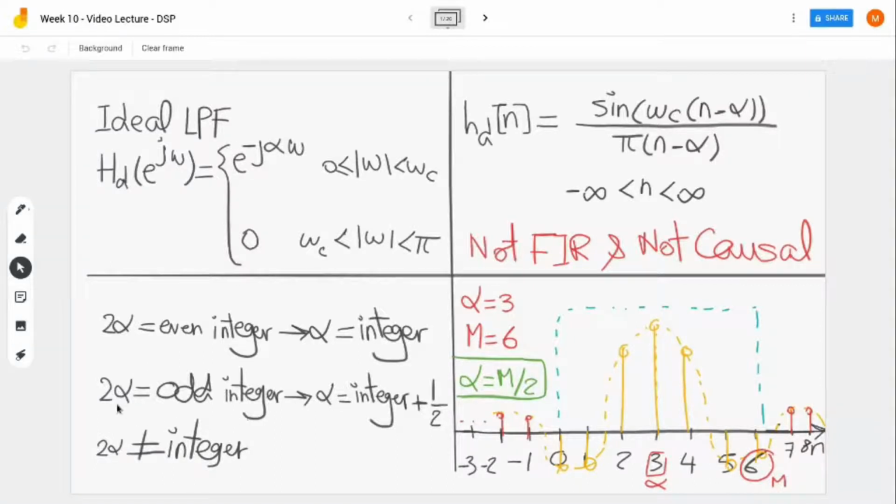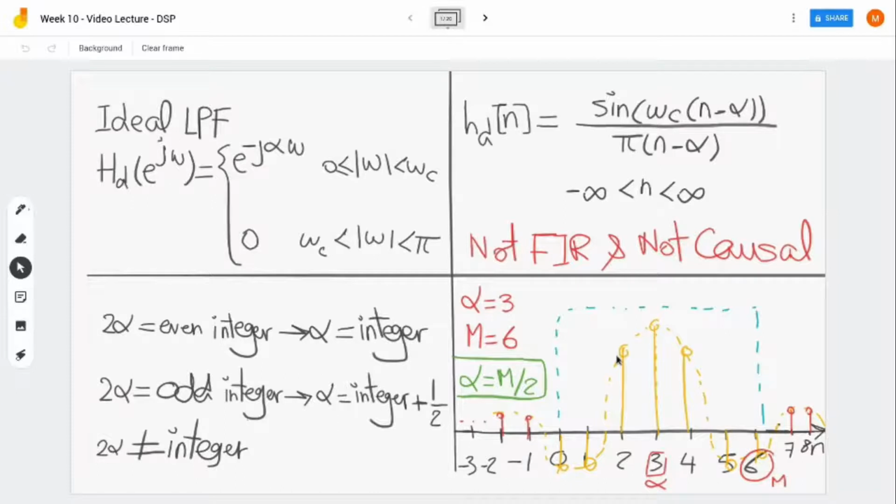The second case was when 2 alpha is equal to an odd integer, which is equivalent to having alpha equal to an integer plus half. And again, in this case, the peak or maximum will happen at alpha, which is integer plus half, but we will not be having a sample at alpha. Instead, the samples before and after, which is alpha minus half and alpha plus half, will also be symmetric, and we have the symmetry in the impulse response, and this symmetry again is linked to the phase linearity.